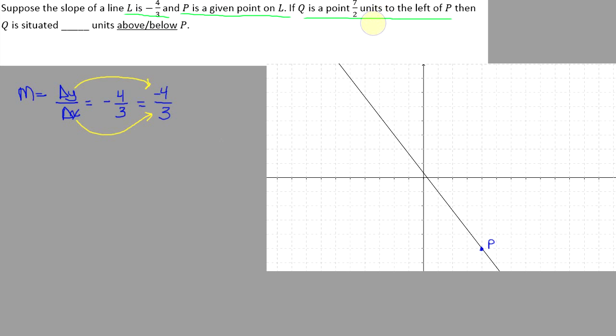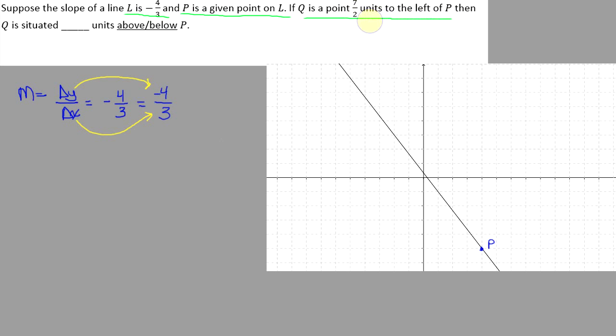the left of P. Now, whenever you see a number in your word problem, you want to try to translate that number into algebraic symbols so that you can use them later. We've already got the 4/3, that was the slope, but 7½ to the left, all right?